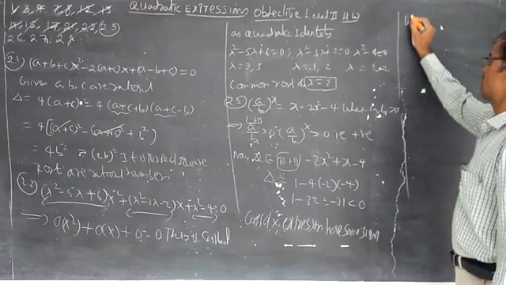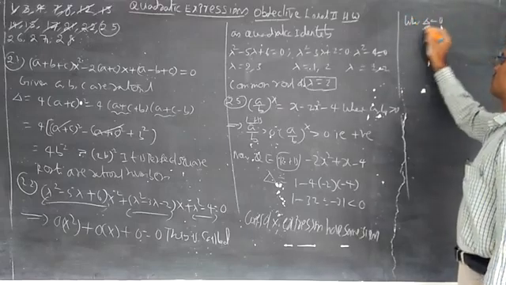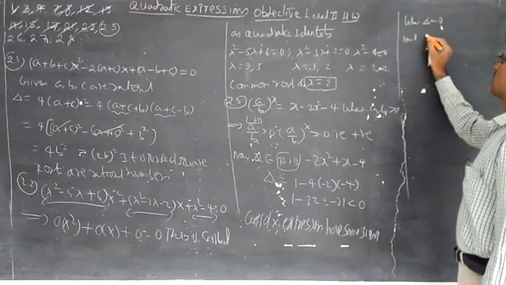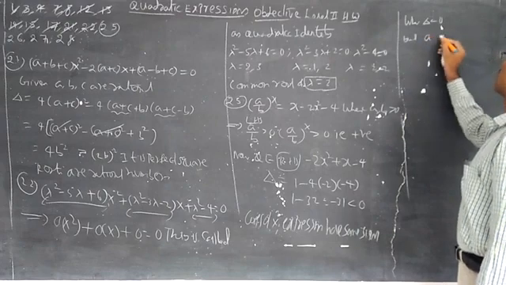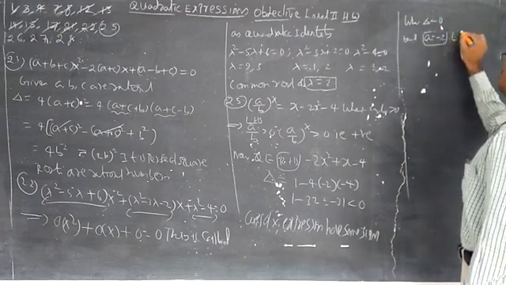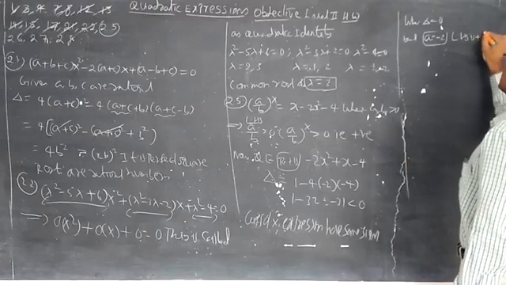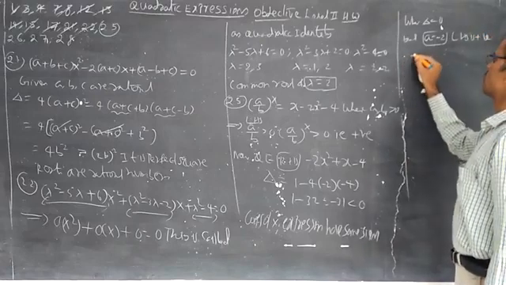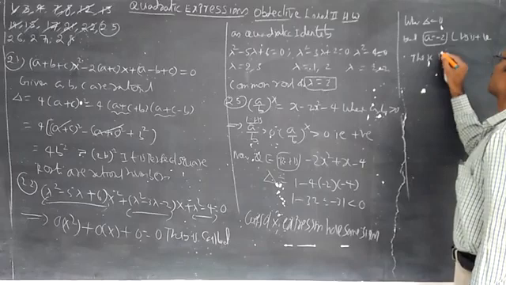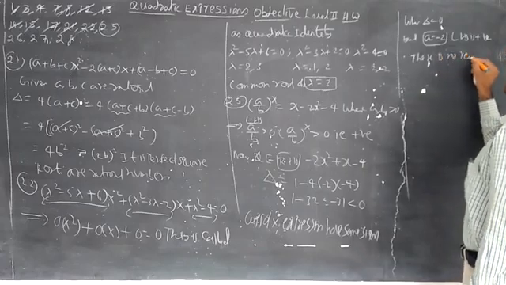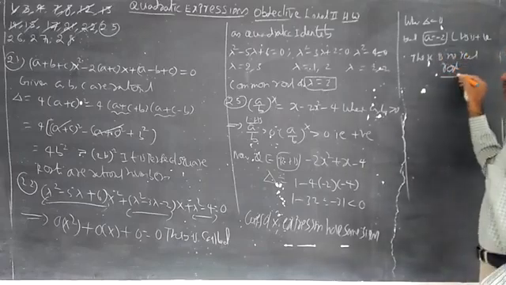When delta is less than 0, but a is equal to -2 and the LHS is positive, therefore there is no real root.